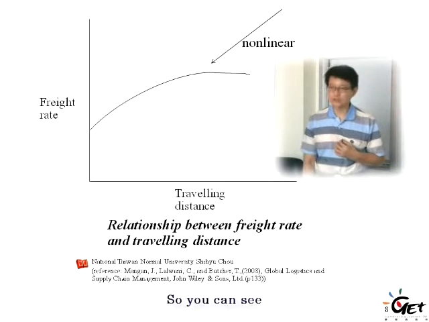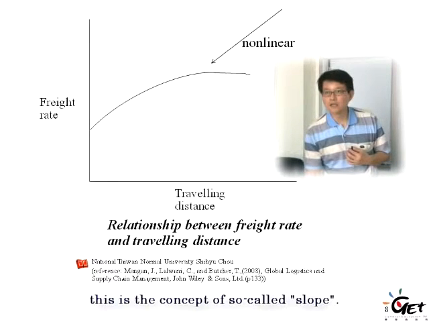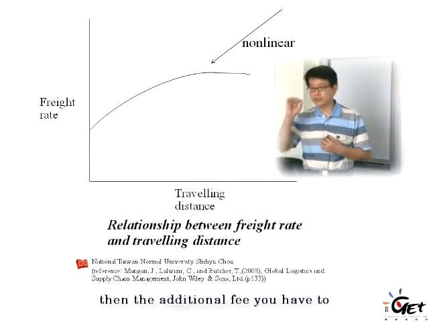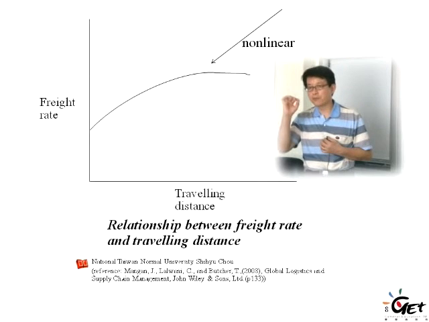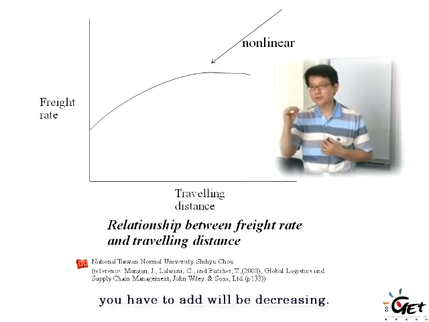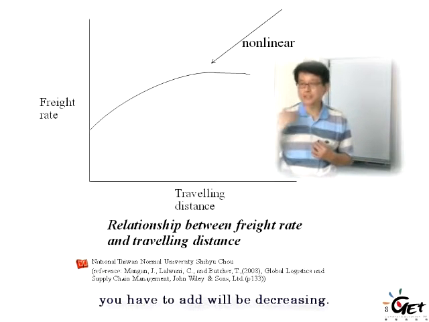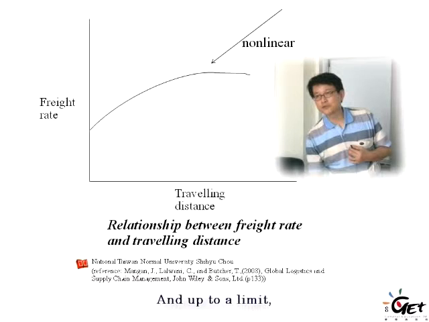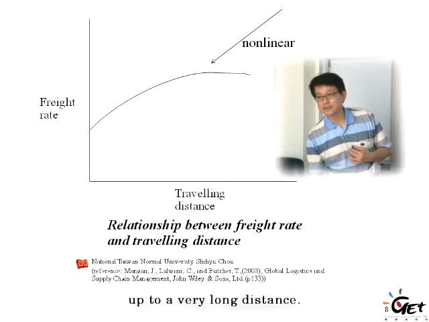Okay, so you can see this is the concept of the so-called slope. When you have a longer distance, the additional fee you have to add will be decreasing, up to a limit, up to a very long distance.